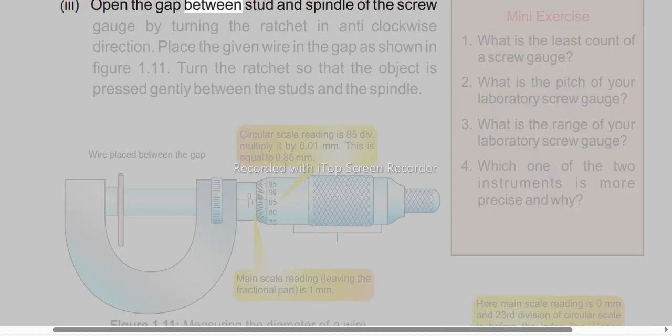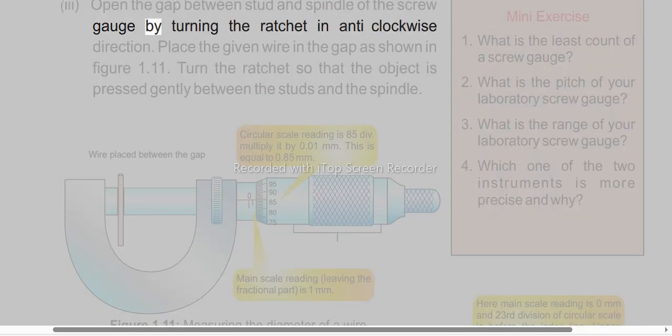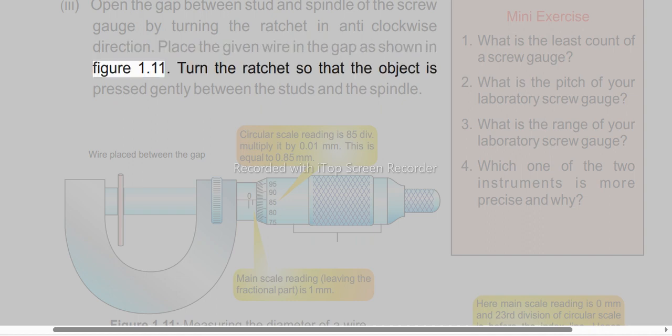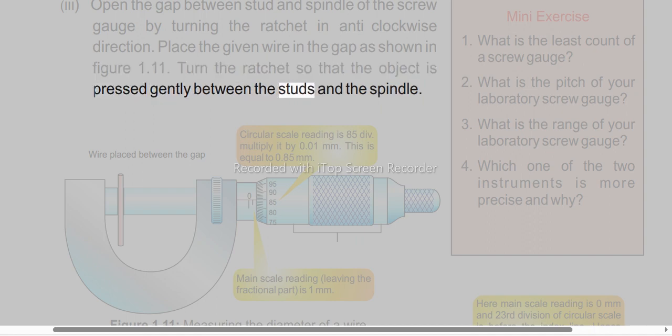3. Open the gap between stud and spindle of the screw gauge by turning the ratchet in anti-clockwise direction. Place the given wire in the gap as shown in figure 1.11. Turn the ratchet so that the object is pressed gently between the stud and the spindle. 4.